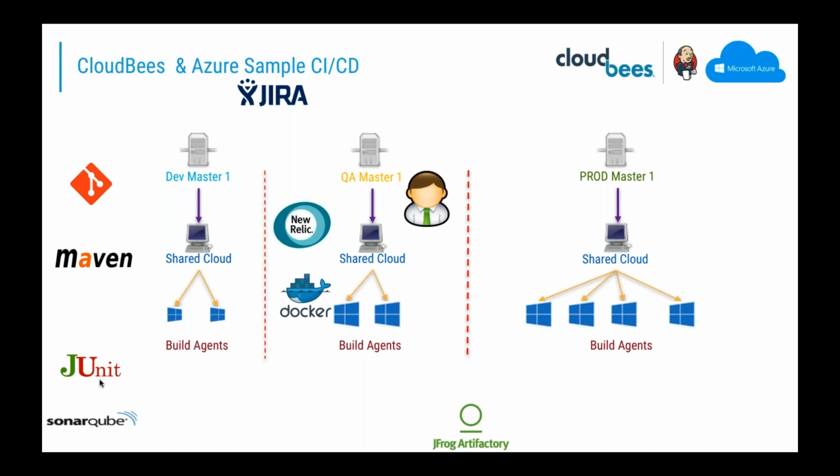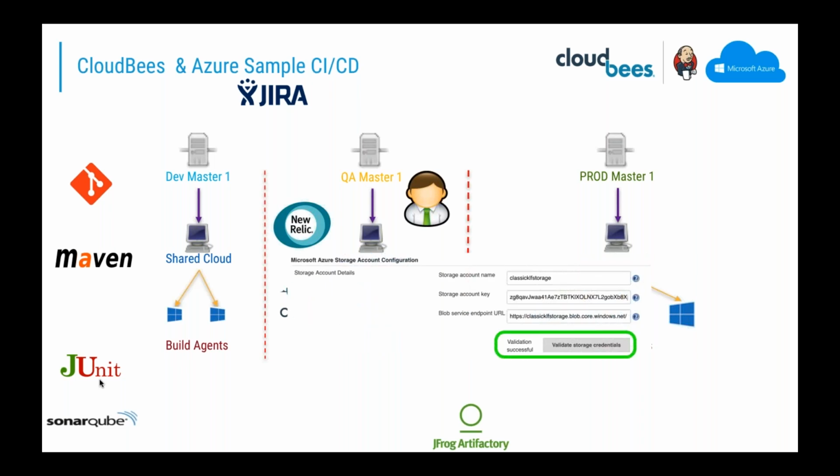So we need sometimes to share some artifacts, and one of the best ways to share artifacts that comes from Microsoft Azure is Azure Storage. And Azure Storage has, again, a first-class object representation inside CloudBees Jenkins.